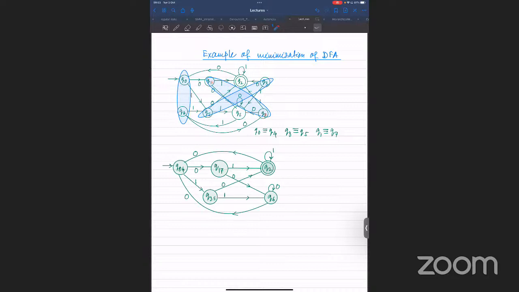Similarly, Q1 and Q7 are indistinguishable, and Q3 and Q5 are indistinguishable. If they are indistinguishable, we are going to form a class corresponding to each such indistinguishable set of states, and we are going to merge them. What we get is an automaton which looks like this. You get this by merging 0 and 4, by merging 1 and 7, by merging 3 and 5, and so on.